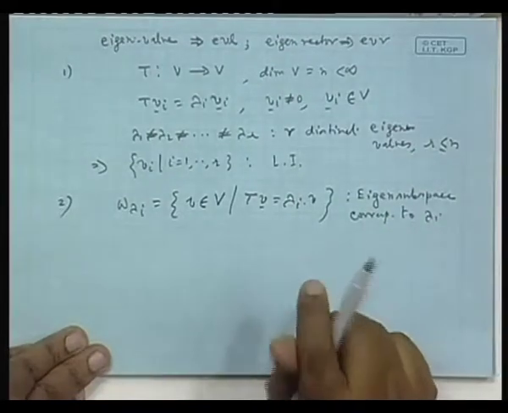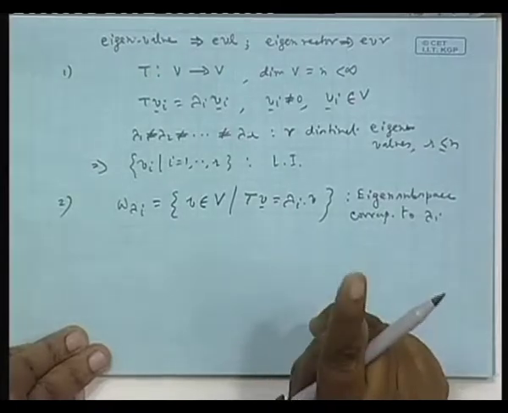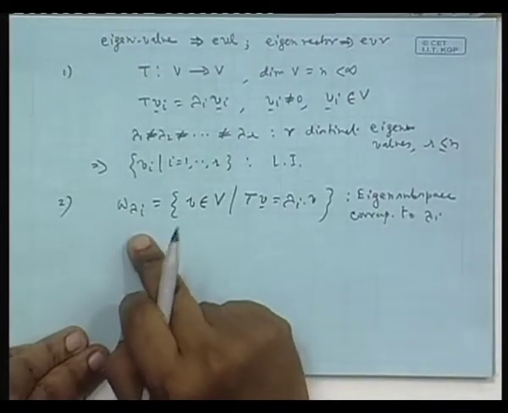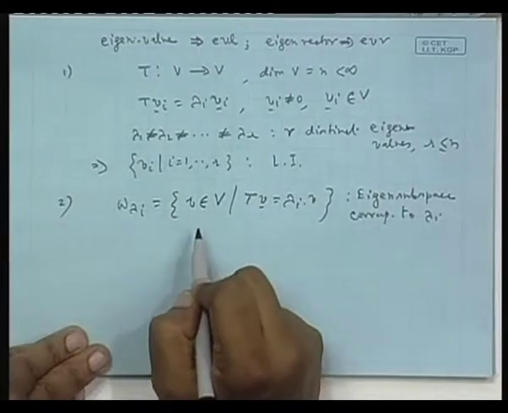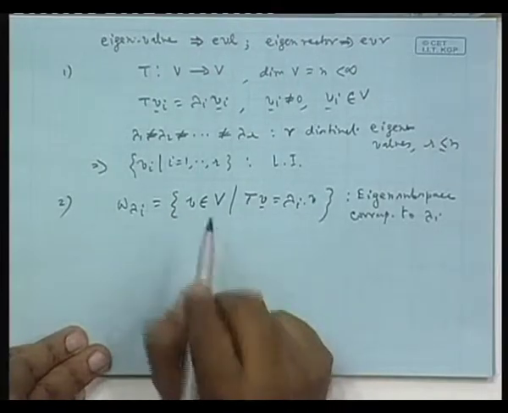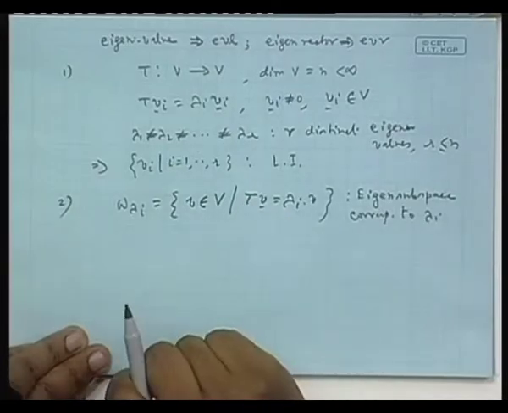Remember one thing: when I say eigenvector, it is strictly non-zero, but when I write W_lambda_i I do not mention the condition that V is not equal to 0, because if it is a subspace, it has to have the 0 vector. So, I am silent.